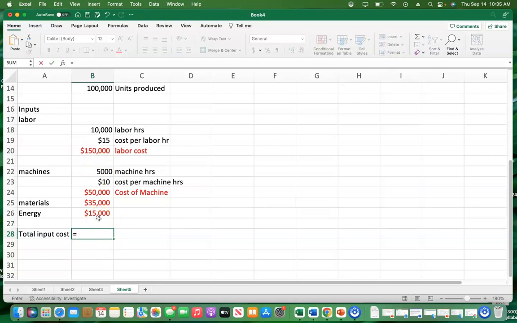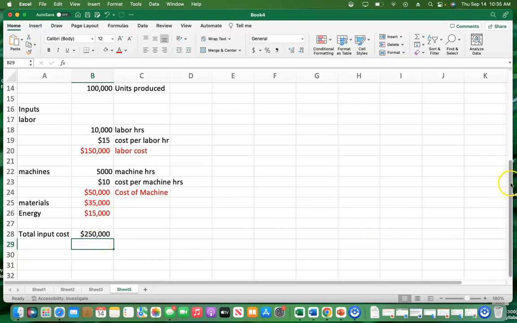So let me put an equal sign here, and then click on the cost of labor plus the cost of machine plus the cost of energy plus the cost of materials. So you can see that we have added all of it, and in this case then we can see that the total input cost will be $250,000.